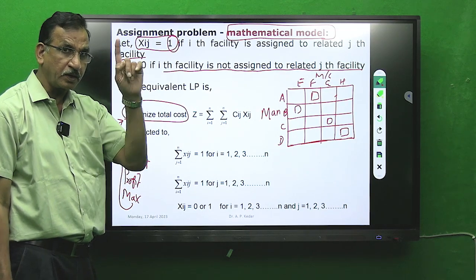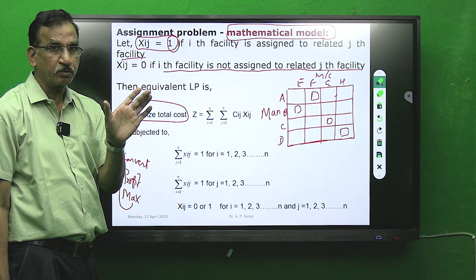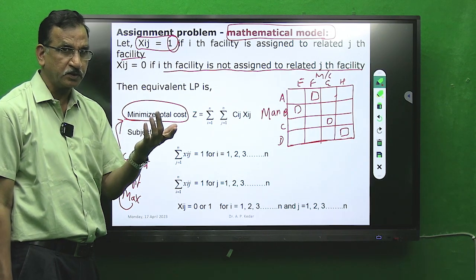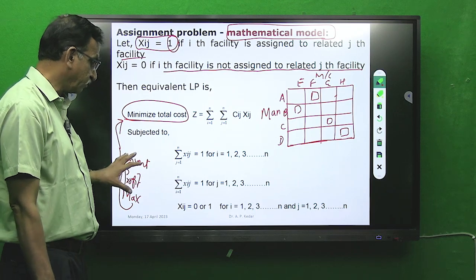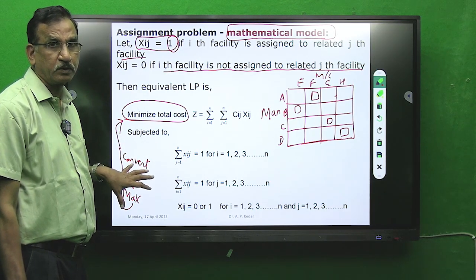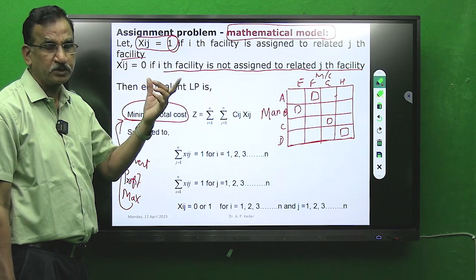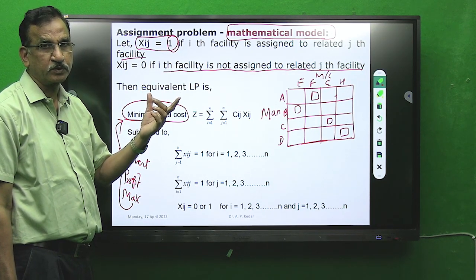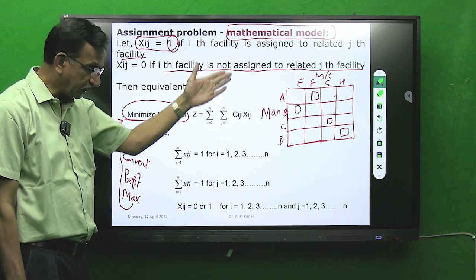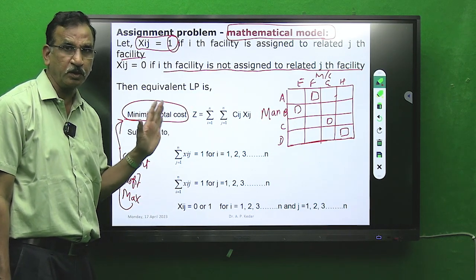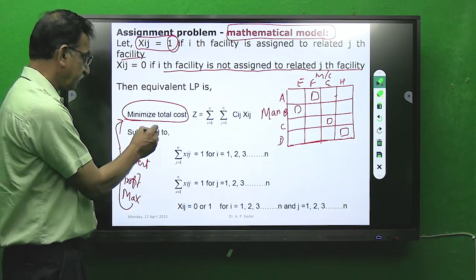If you remember, in the last lecture I showed you how to convert the equivalent linear program of minimization to maximization. In a similar fashion, with some different steps, we can convert a profit assignment problem of the maximization type to the corresponding minimization type of problem, and we will attempt the solution of that problem with the help of the minimization method.